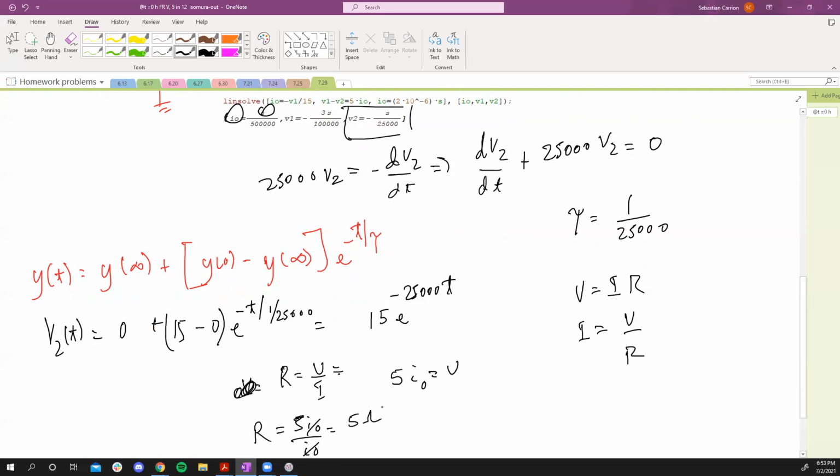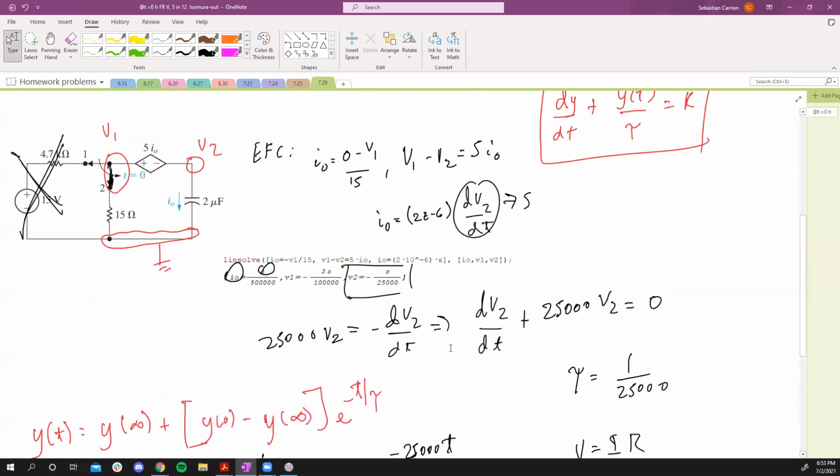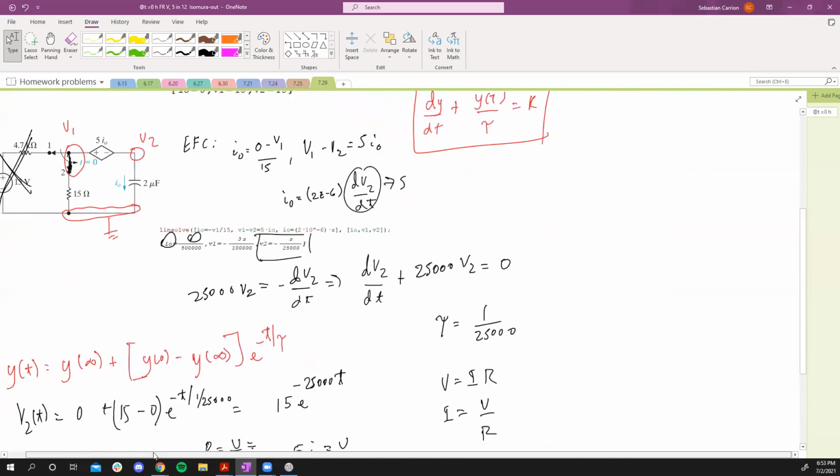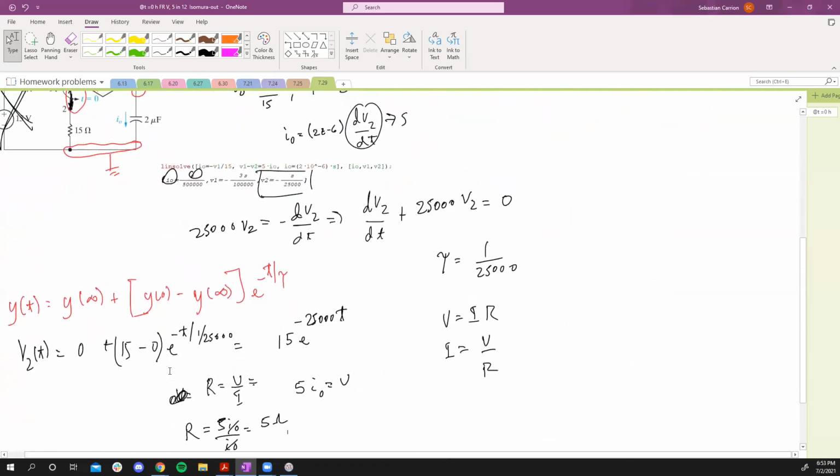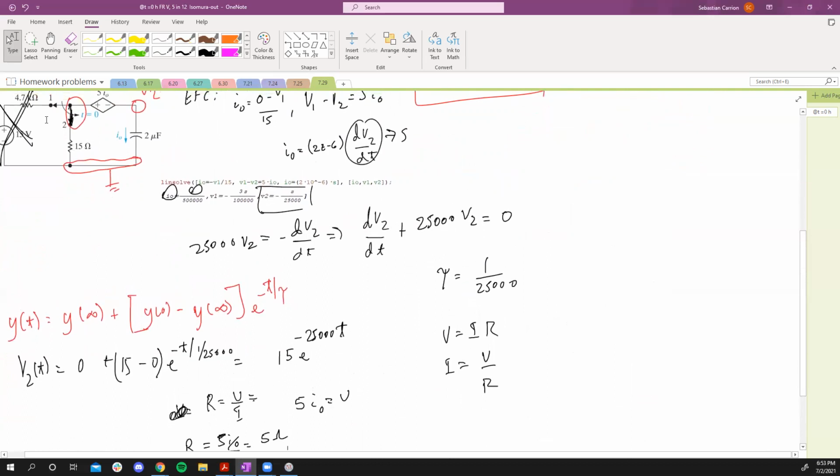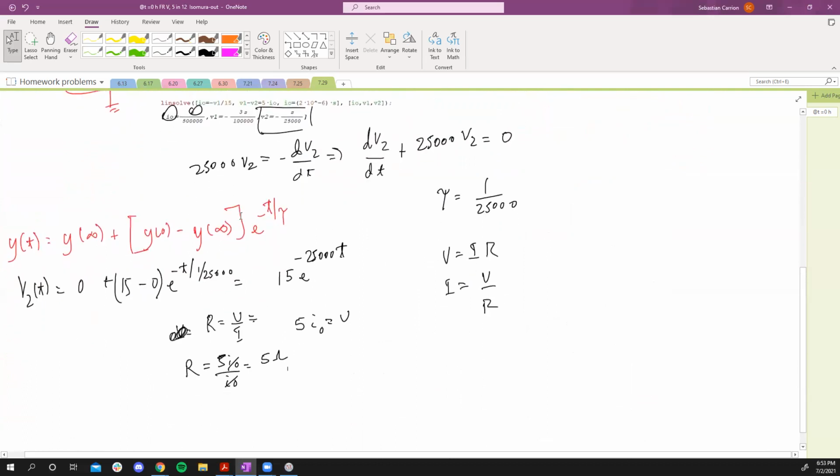Our resistance here is 5 ohms. So our 5 ohms is in series with 15 ohms. So our R equivalent is 5 plus 15, so 20 ohms.